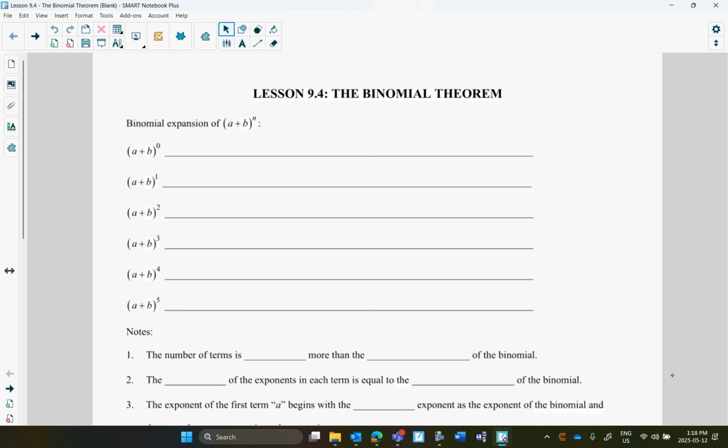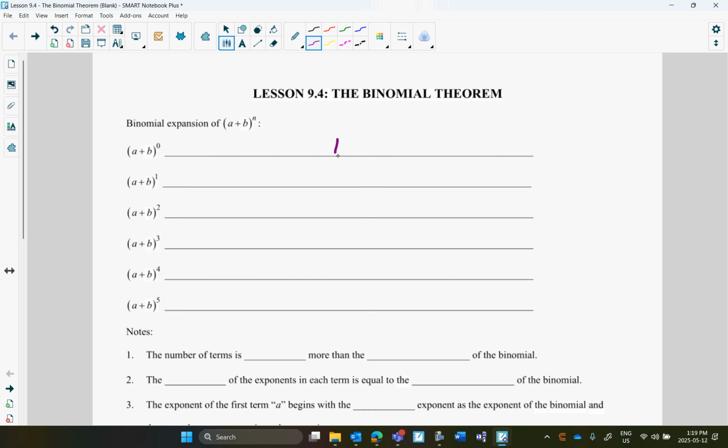So let's follow a pattern, and we're going to see a pattern come out of this. What is a plus b all to the 0? 1. What is a plus b raised to the first?